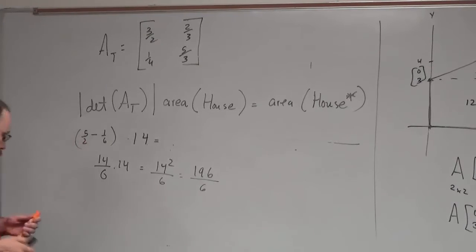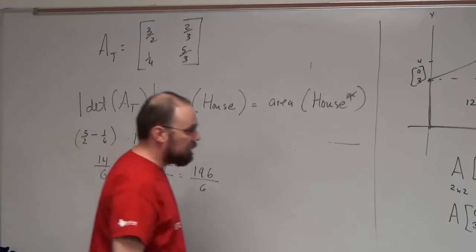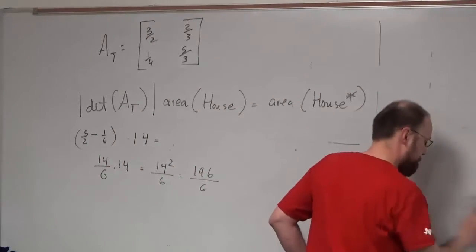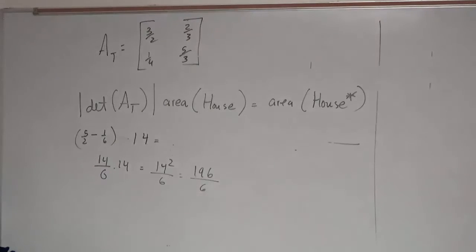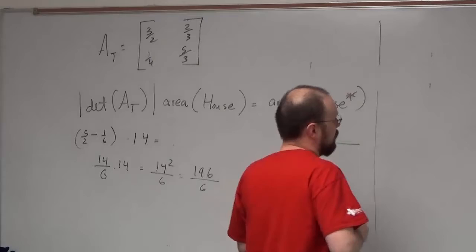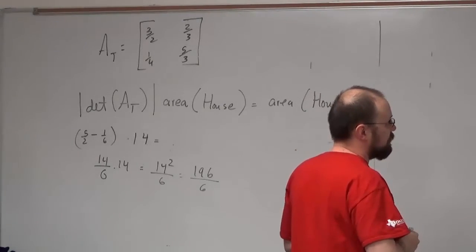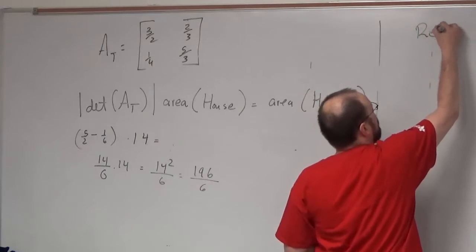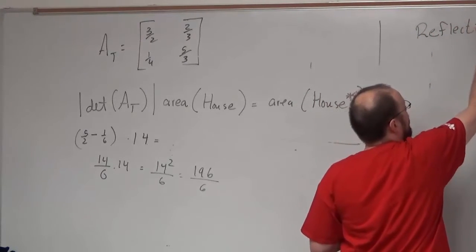So now let's get into some more complicated transformations which are relevant to your homework. So the first one, let's say, is a reflection. Let's do reflection about a line in R2.